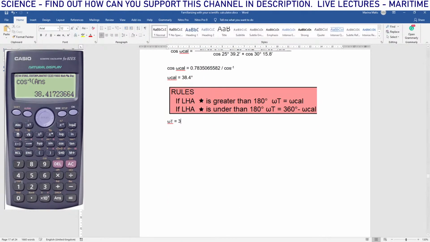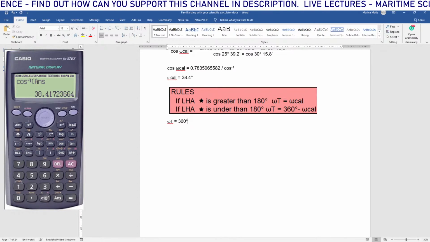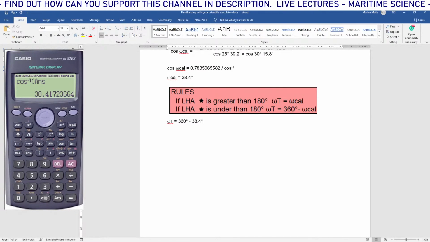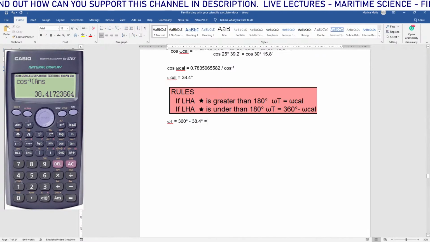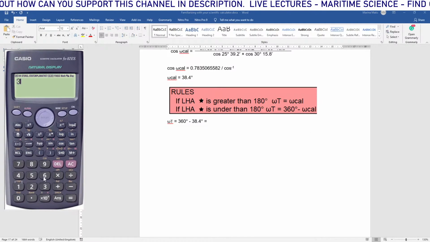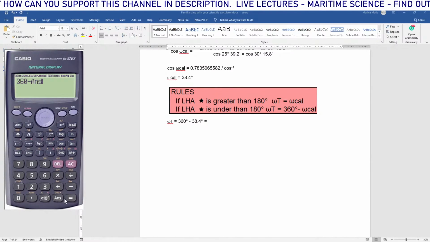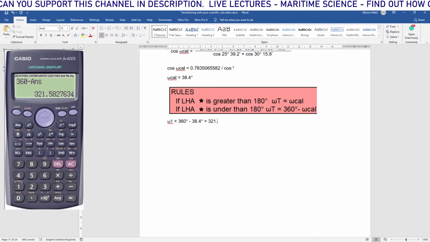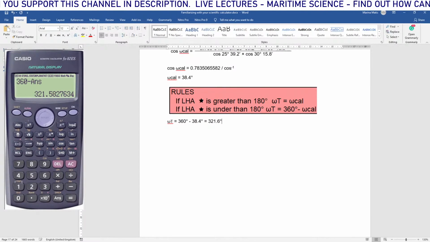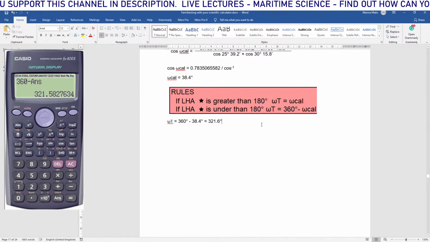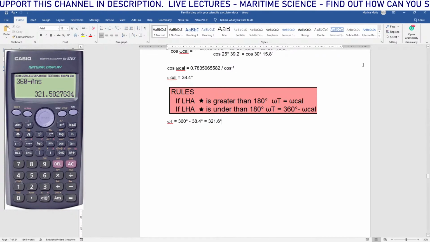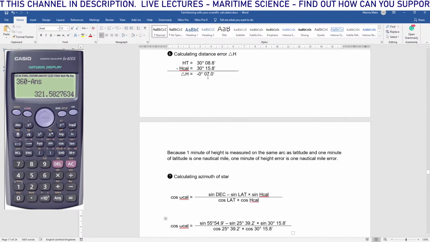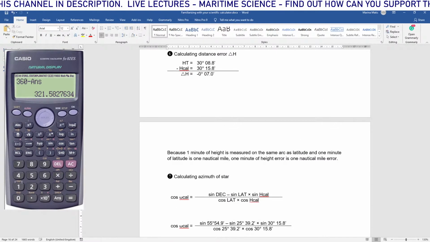So that means 360 degrees minus 38.4 degrees equals 321.6 degrees. And that is my true azimuth. That is the actual azimuth of my error. That is the direction in which I made a mistake by 7 nautical miles.